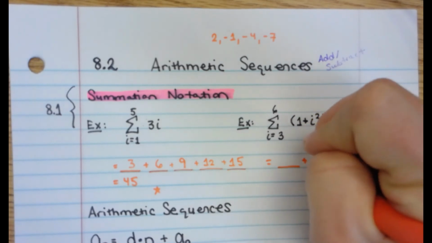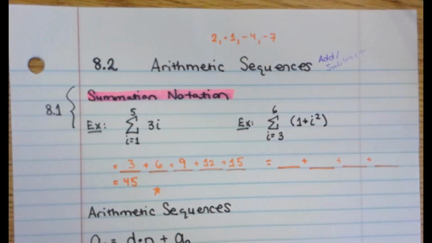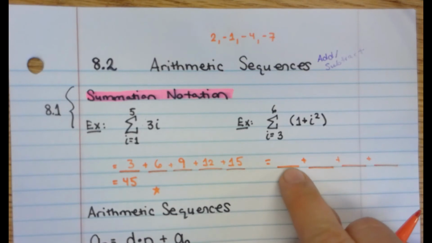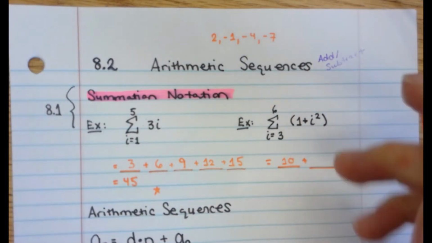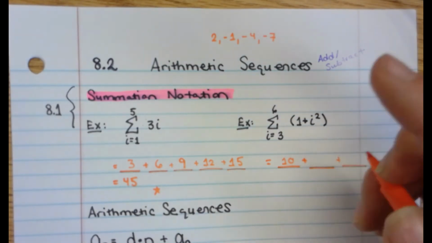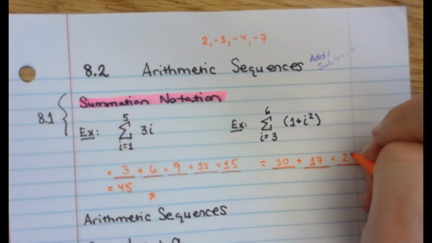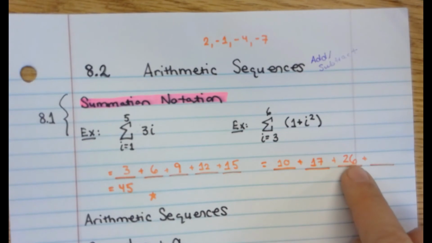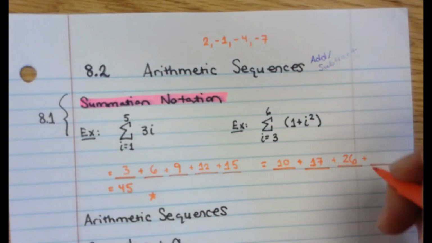Plug in 3, 4, 5, 6. All right, here we go with 3. 3 squared, 9, plus 1, 10. 4. 4 squared, 16, plus 1, 17. 5. 5 squared, 25, plus 1, 26. 6. 6 squared, 36, plus 1 is 37.